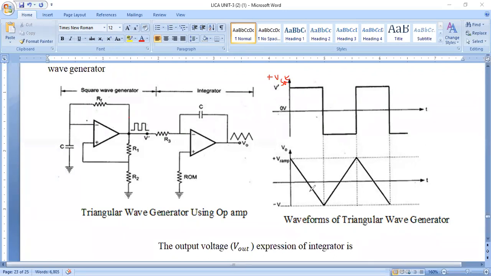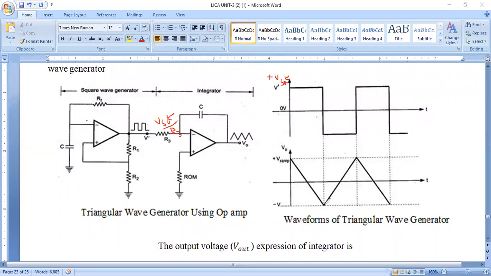The current across the resistance will be V saturation divided by R3. So the triangular wave shifts from positive to negative.